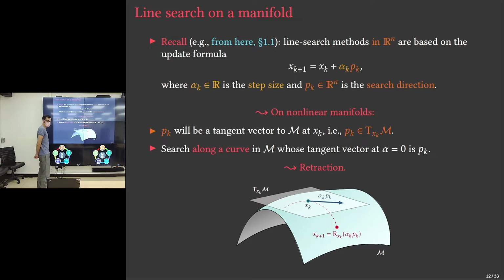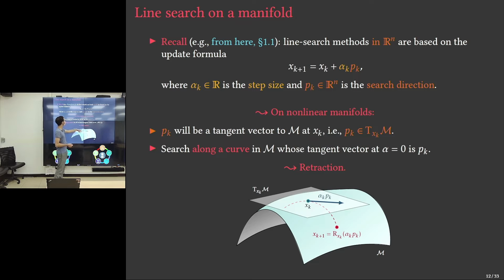But of course, we can also do maximizing. So on nonlinear manifolds, how will this generalize? So pk will be a tangent vector to M at xk. In the sense, given a current iterate xk on the manifold, we consider the tangent space to M at x, okay?